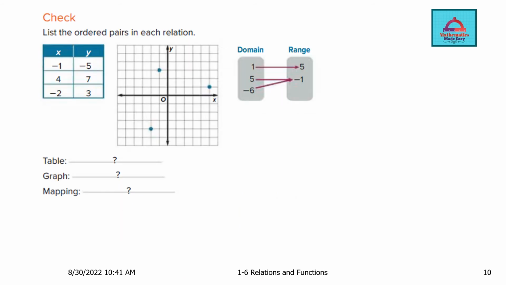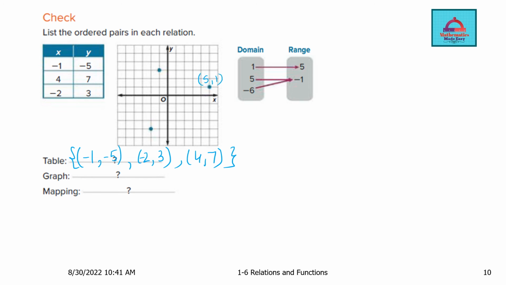Now let's solve this question together. List the ordered pairs in each relation. So first from the table the ordered pairs will be -1 comma -5, then 2 comma 3, -2 comma 3, then 4 comma 7. So I've written it in ascending order. Then from the graph, this point is 5 comma 1.